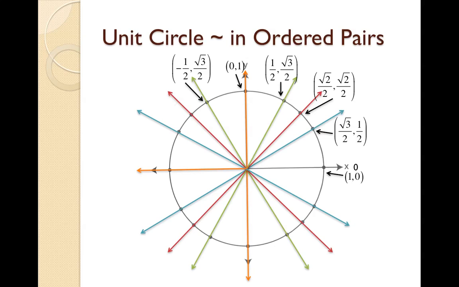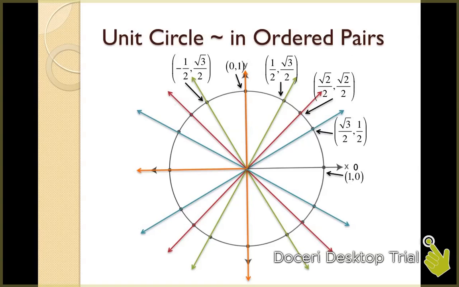But then as we continue around the circle, notice what happens with this next angle. So our actual angle here is starting from standard position and going around, rotating to this point.